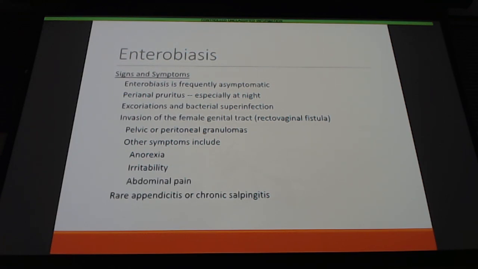And there are some of the other symptoms: anorexia, irritability, abdominal pain. And then again, just like some of the other ones, if they do end up migrating backwards, because they end up becoming an overburden, they may block up the little passageway to your appendix, causing possible appendicitis. Right?